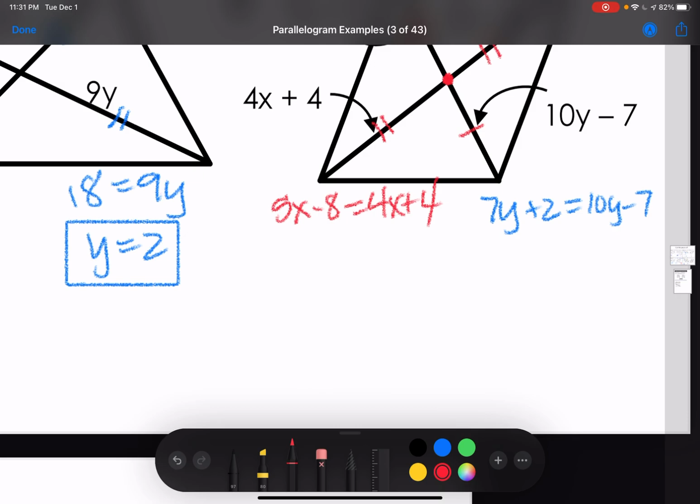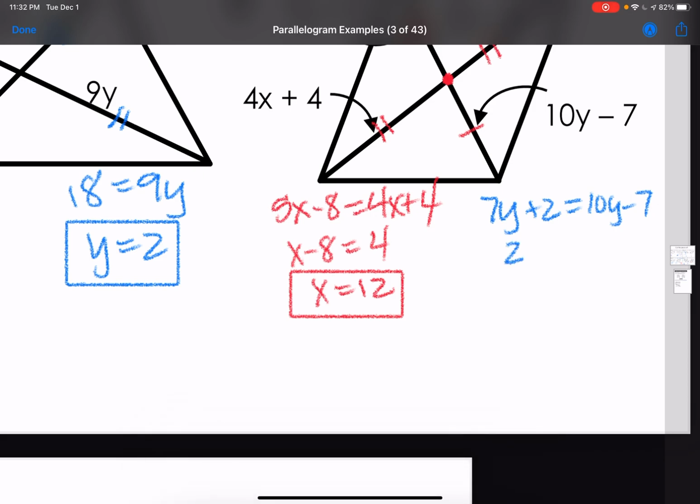All right, so I've gone ahead and moved it over, and I got x minus 8 is equal to 4, and so x is equal to 12. For this one, I moved my lighter variable over, and I got 2 is equal to 3y minus 7. Add the 7 to both sides, you get 9 is equal to 3y.